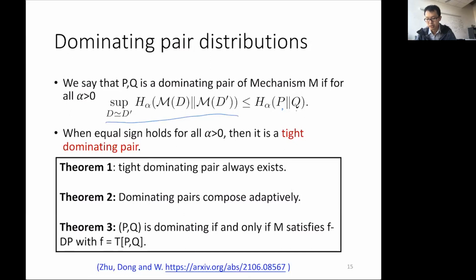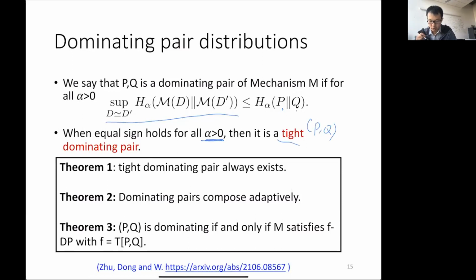And suppose this single pair of distributions can be used to provide an upper bound of the privacy profile of mechanism M. Then we say that P and Q is a dominating pair for M. When this inequality is true with equal sign for all parameter alpha of this hockey stick divergence, then we say that this ordered PQ pair is a tight dominating pair.